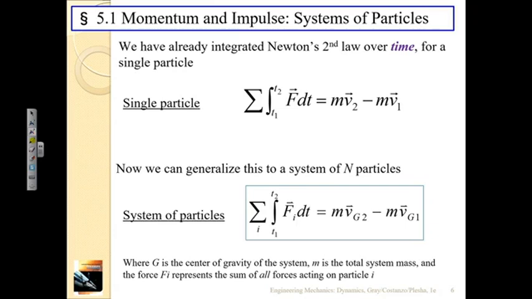We're going to have the sum of our momentum at state 1, i equals 1 to n particles, plus our impulses. We've got the sum over i equals 1 to n particles, the integral of all these forces, dt, is equal to our momentum at state 2.